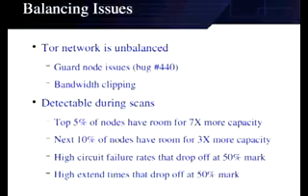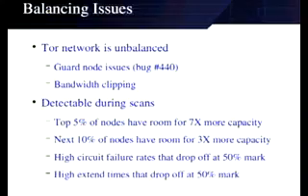But the nutshell is that the top 5% of nodes have essentially 7 times more stream capacity. They have an average stream capacity of about 70 to 75 kilobytes a second, whereas the rest of the Tor network is about 10 kilobytes a second as far as bandwidth.